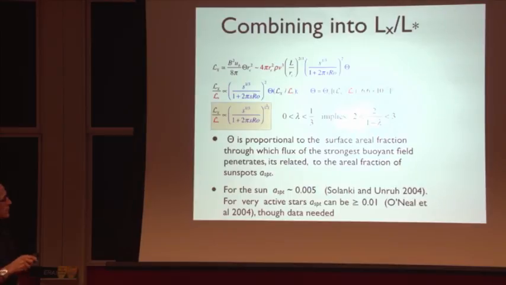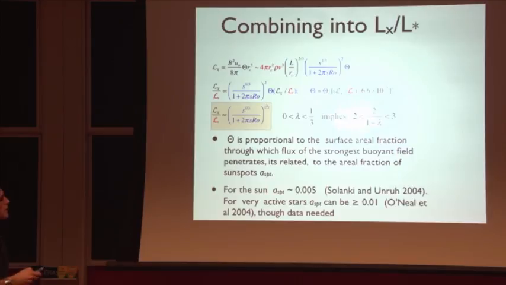Now this lambda is a parameter, but it's a measure of, as you increase the luminosity of the star, how much filling fraction does the flux actually penetrate through the surface?